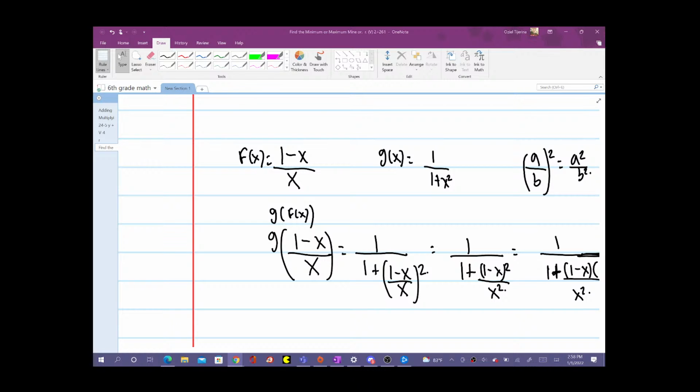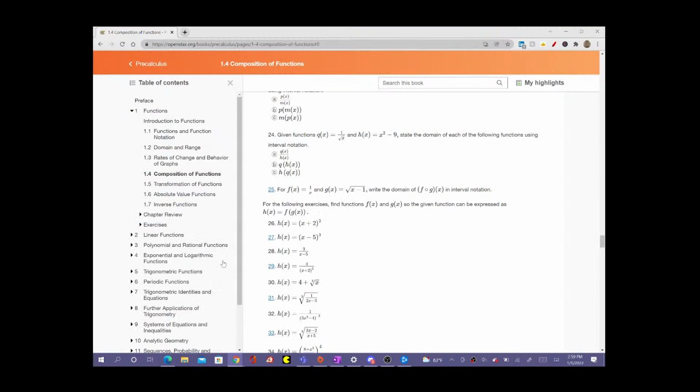You're basically putting one function into another, and also with operations of functions, right? So with that being said, guys, I hope that helps in a way. I know that I didn't go over everything, but I did go over most things.